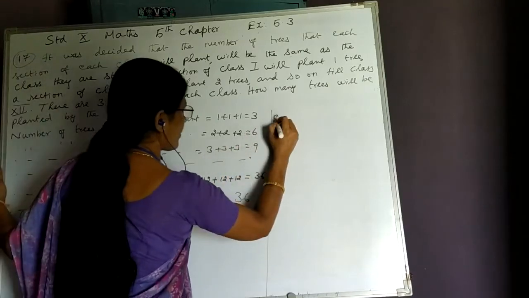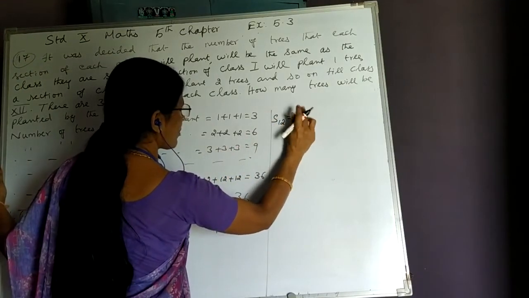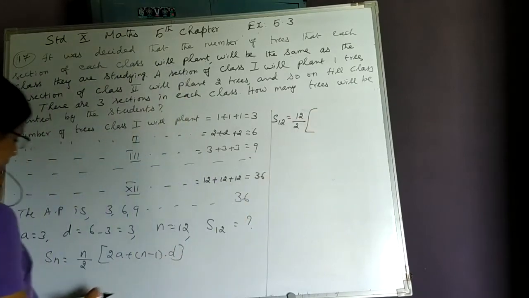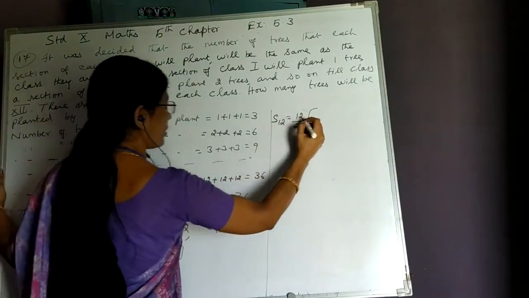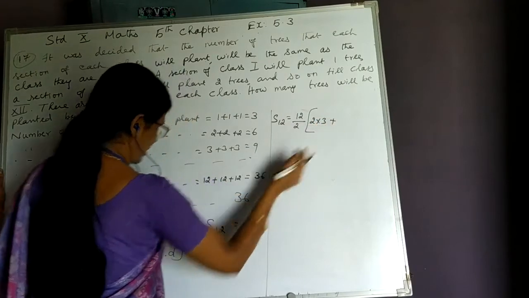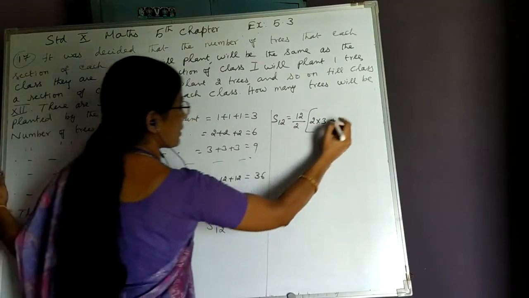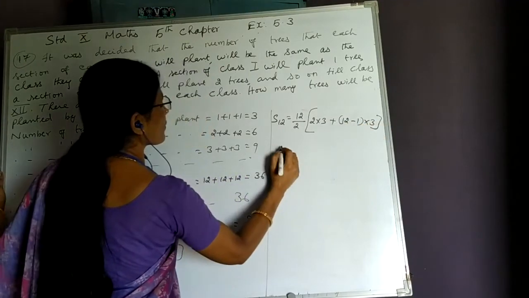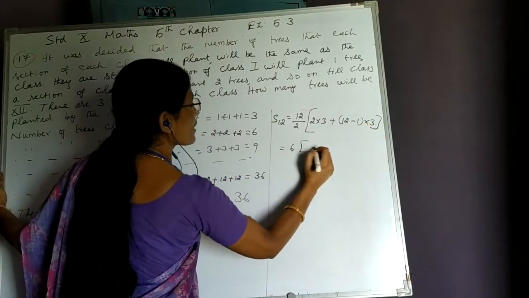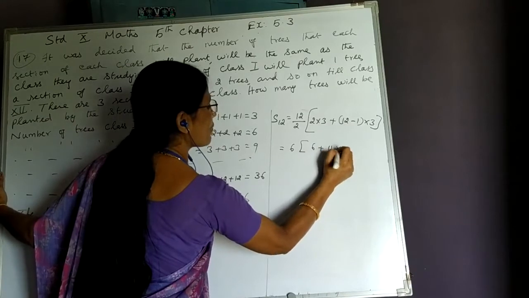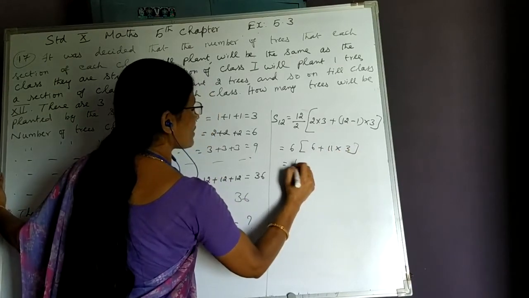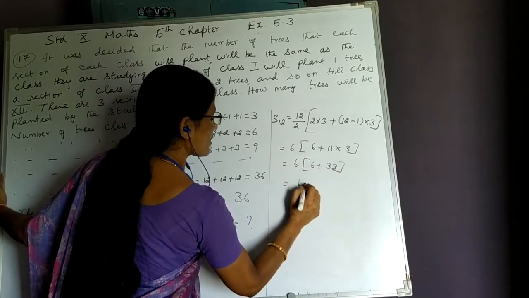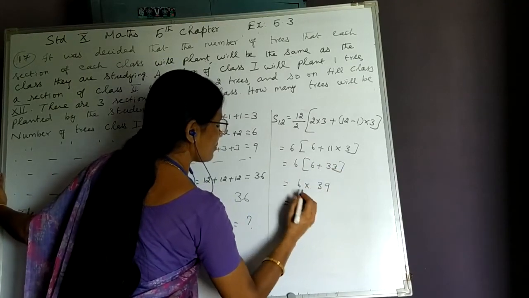So, substituting, S12 is equal to 12 upon 2, 2 into 3 plus (12 minus 1), d is also 3. 12 upon 2 is 6, 6 into (6 plus 11 into 3), which is 6 into (6 plus 33), 6 into 39.